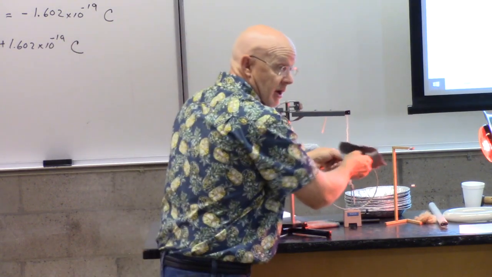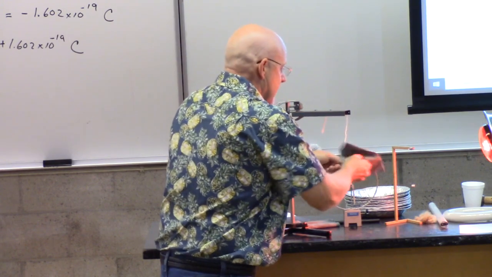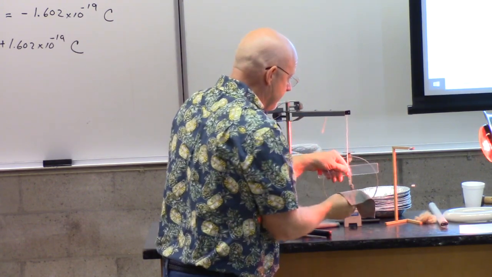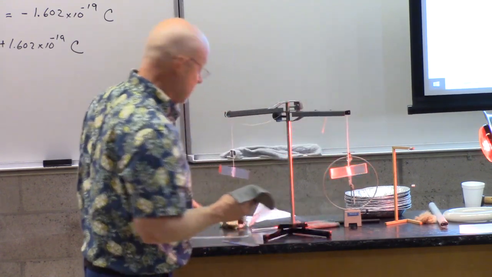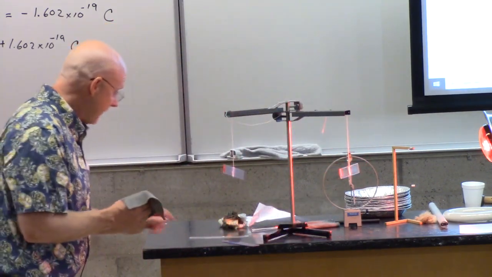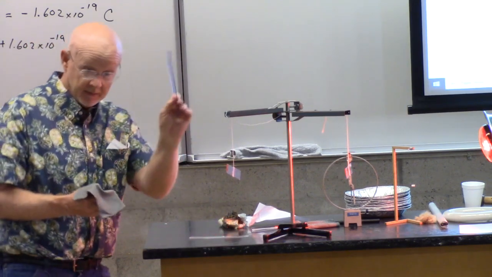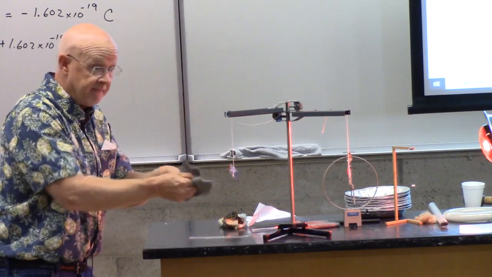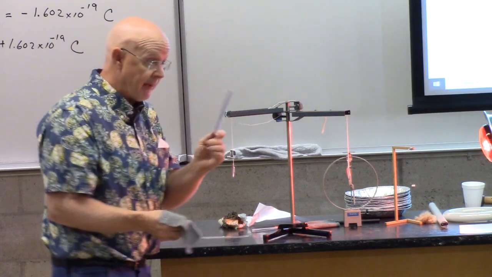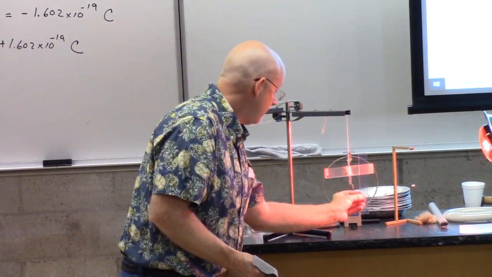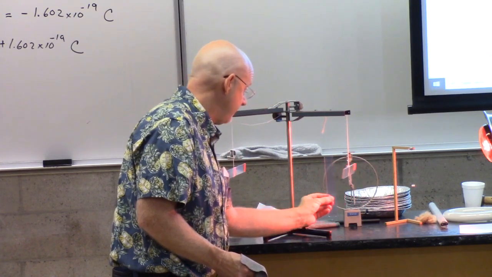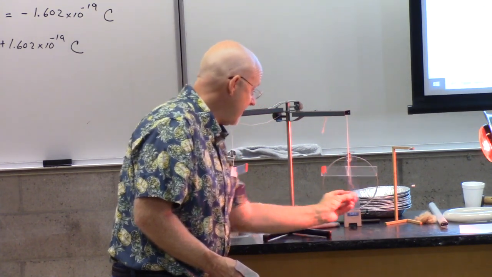So when I rub the acetate, that is lacking electrons. That is positive. Now let me come back to my piece of vinyl again, and let's look at what happens when I have the negative from the vinyl and then hopefully the positive from the acetate.